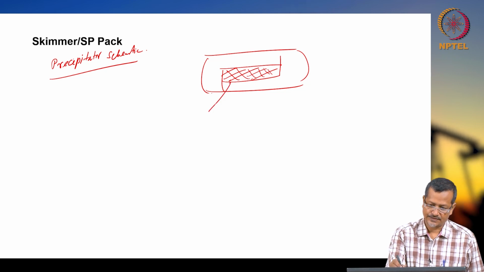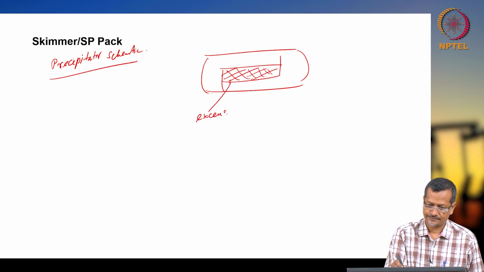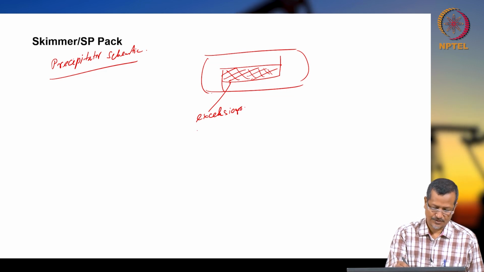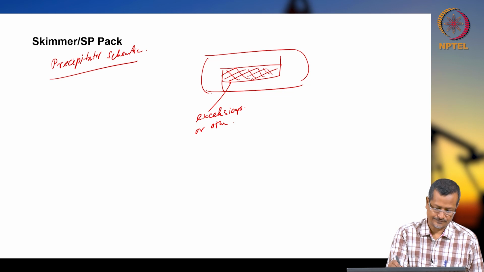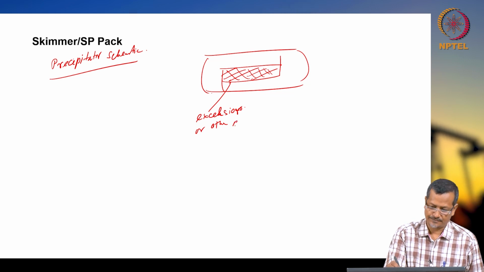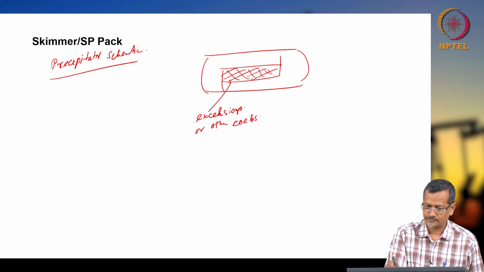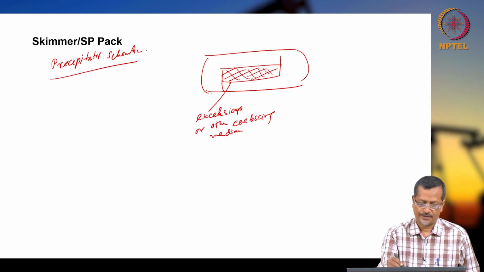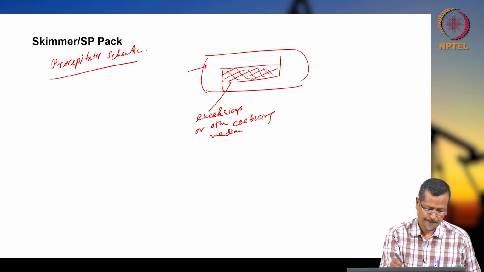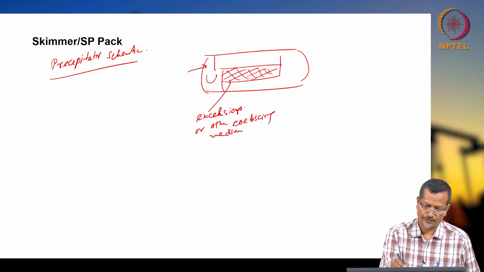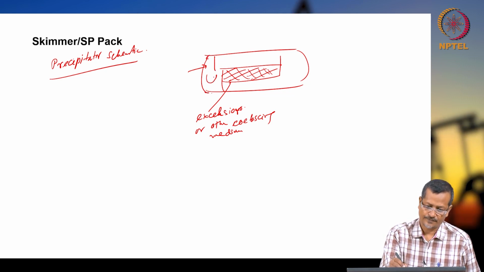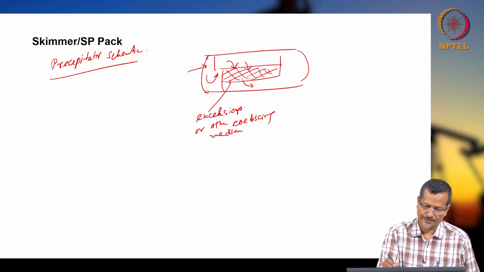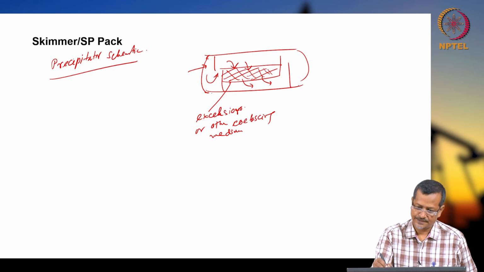It's called Excelsior, or another coalescing medium. Here the inlet is there, and the inlet will go through this to the exit.